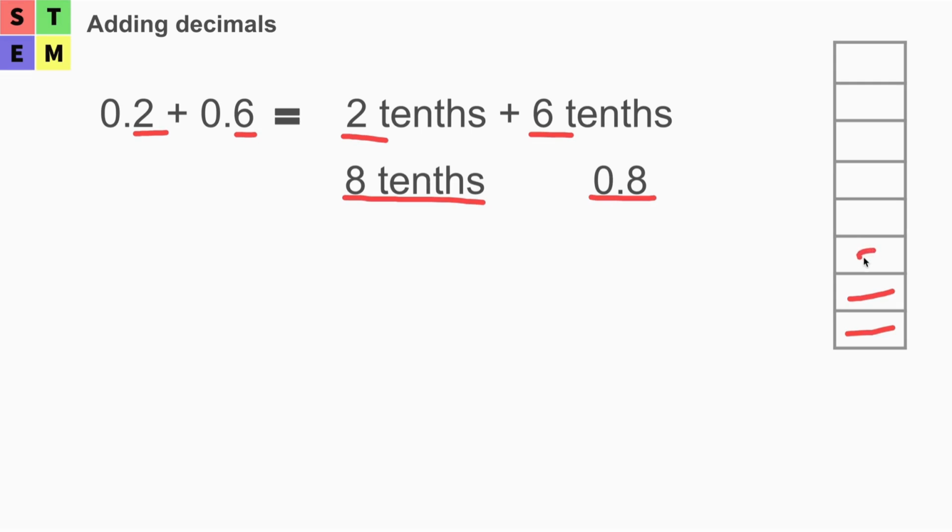So 1, 2, 3, 4, 5, 6. If we count it from the bottom, 1, 2, 3, 4, 5, 6, 7, 8. So we got 8, so obviously it's 0.8.